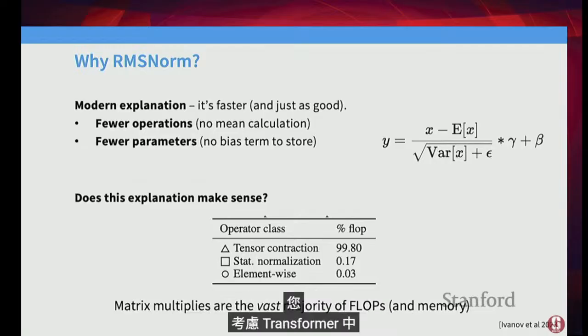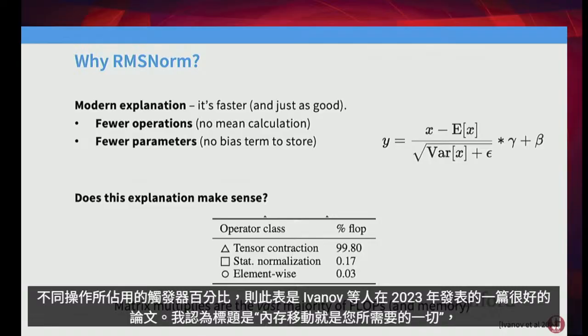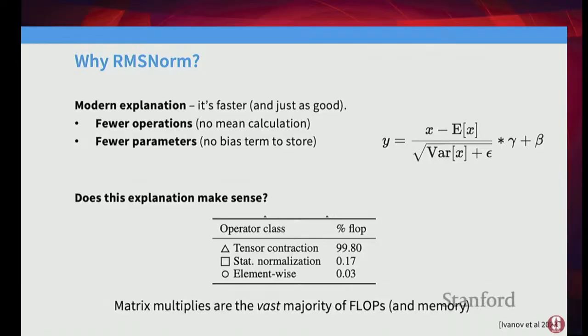And some of you might be thinking, but wait, you told me in 224N that nothing but matrix multiplies matter for the purpose of runtime, right? And this is not a matrix multiply, and so I shouldn't care about any of this. That's a reasonable perspective to take.